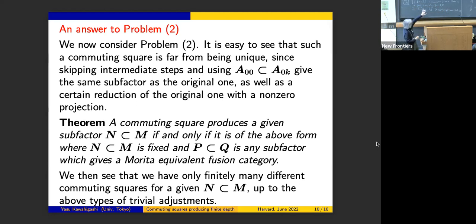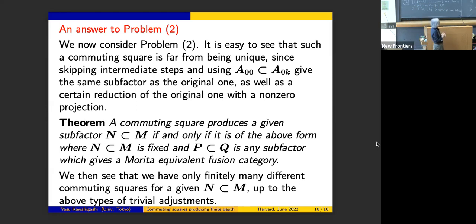So this is our second main theorem. A commuting square produces a given subfactor N in M, hyperfinite with finite index, if and only if it is of the above form in the previous slides, but now N in M is fixed. This is given, initially fixed.